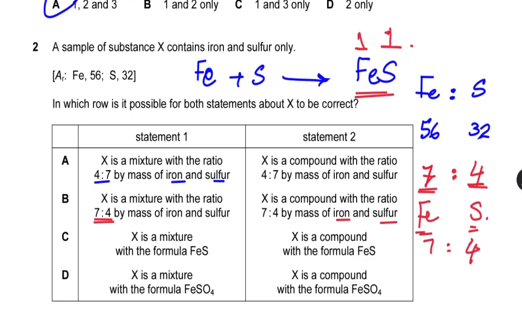So that's why option B is correct. But 4 and 7 is given here, it's wrong. In C, X is a mixture with the formula of FeS. No, FeS is a compound. X is a mixture with the formula FeSO4. Wrong, there is nothing like this. So all of these options are wrong, whereas B is the correct option.